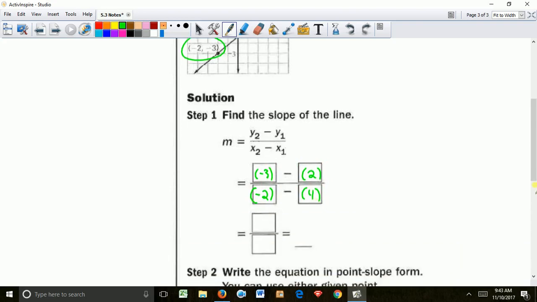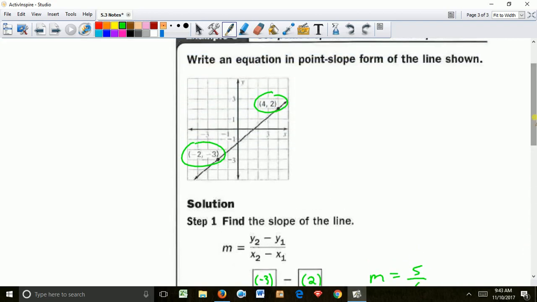If you go ahead and simplify that, we're going to get -5 over -6, and simplifying further, we get 5/6, which is the slope. They do give us a graph, so if we look back at the graph, we can calculate the slope without even using the slope formula. Using those 2 points, you can see that the rise is going to be 5, and that your run is 6. So your slope is still 5/6 just by looking at the graph.